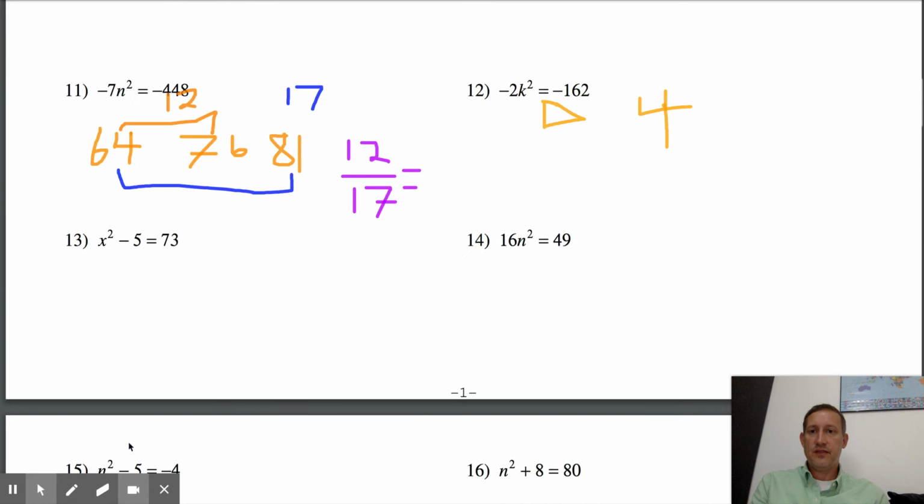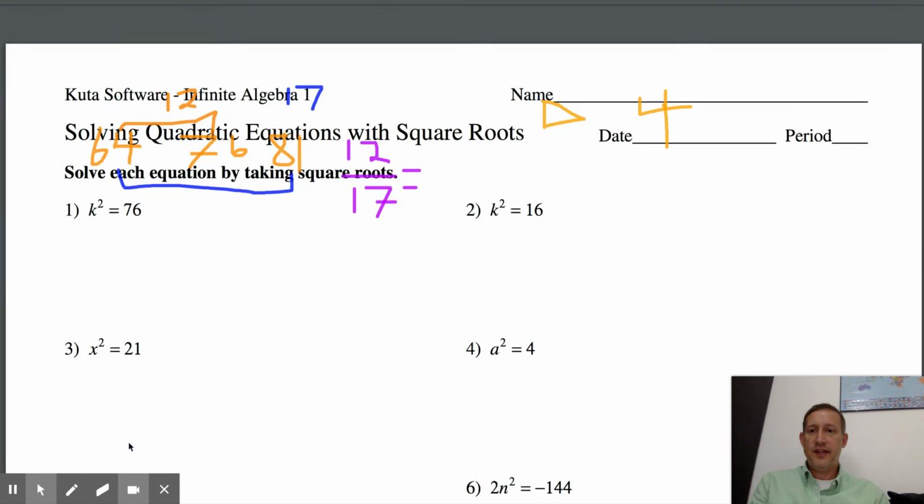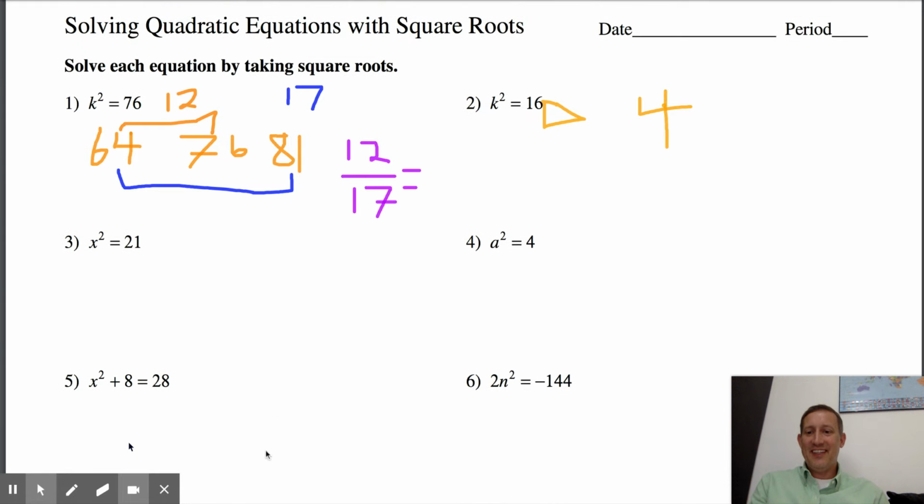Okay. All right, so the answer to this one over here is 8.7, approximately. But that's not the only answer.